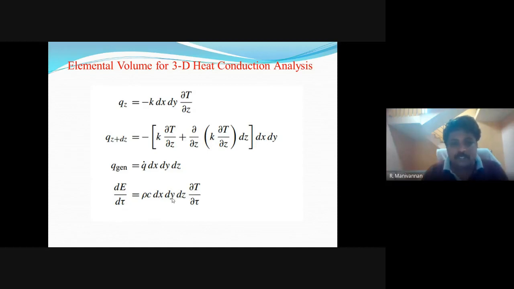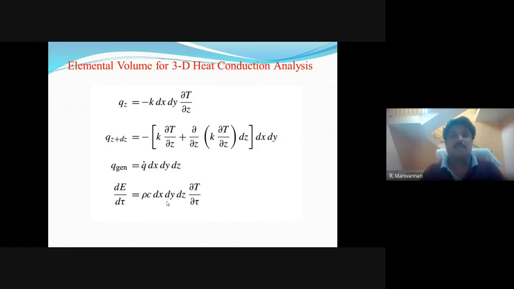This dx into dy into dz is nothing but the volume. So it is the m c p delta T form, where m is replaced by density into volume. The capital T is used for the temperature and the small tau is used for the time.